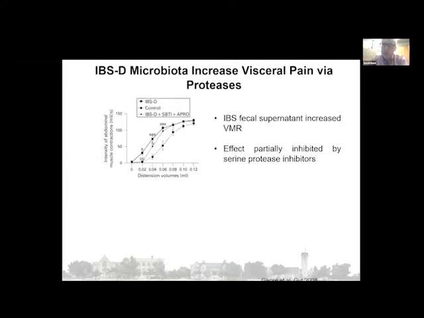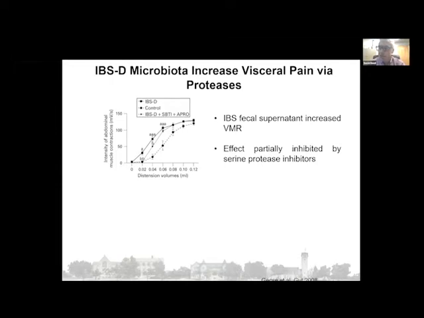And this was looked at a number of years ago by Lionel Bueno's group, in which they took fecal supernatants from IBS diarrhea predominant patients and infused it into mice, and an hour later looked at the VMR response. And you can see in this graph that the IBS fecal supernatant, which is the black squares in this graph, increased the VMR in mice compared to the control mice, which are shown in the black circles.